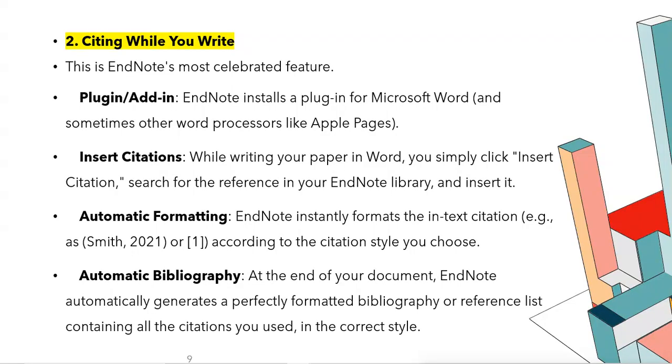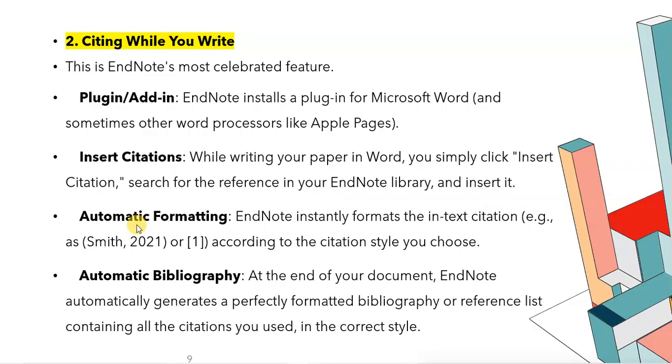The second feature is citing while you're writing. This is the most celebrated feature of EndNote. EndNote can plug in and add in to Microsoft Word and other software, and while you're writing a paper in Word, you simply click insert citation, search for the reference in your EndNote library and insert it.